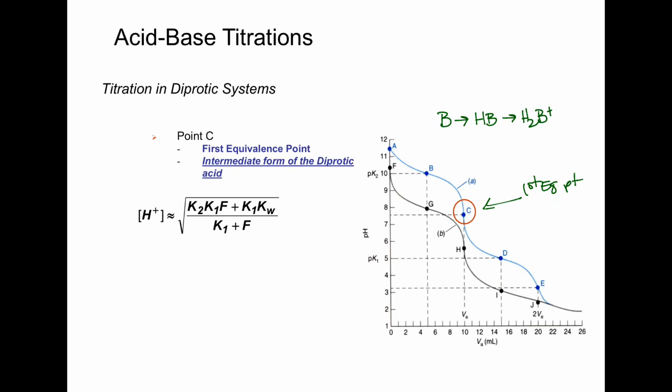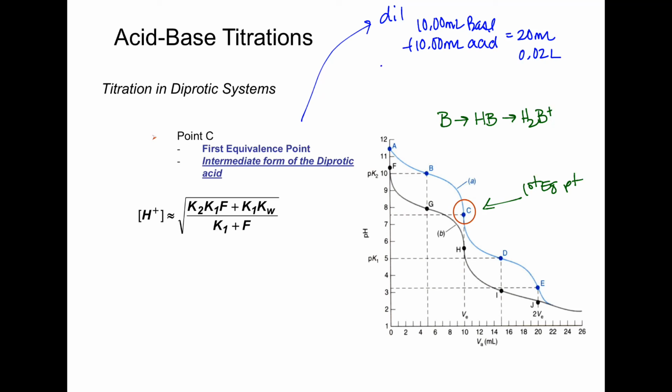All right, and to do that, I'm going to do my dilution calculations up here. We started off with 10 milliliters of the base, and now we've added 10 milliliters of the acid, so we have 20 milliliters total. That's 0.02 liters.